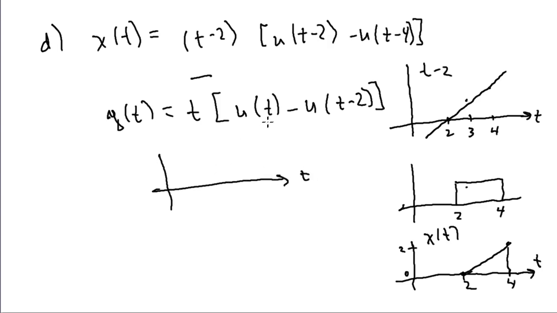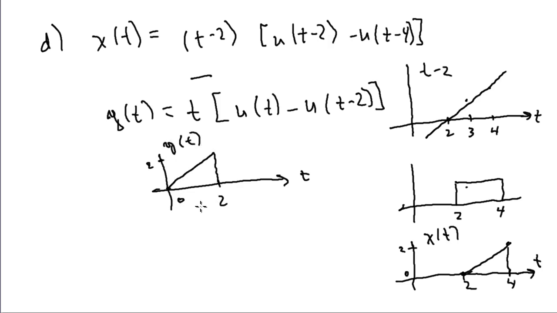This is a pulse that's non-zero only between 0 and 2, and it's multiplying my t function, so this is what y of t would look like, a height of 2 here.